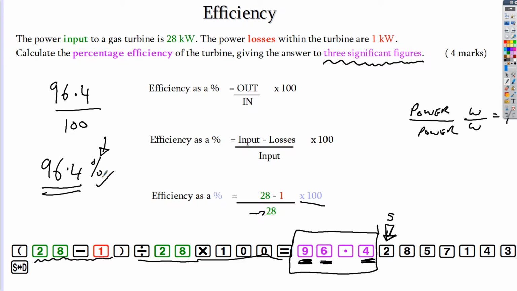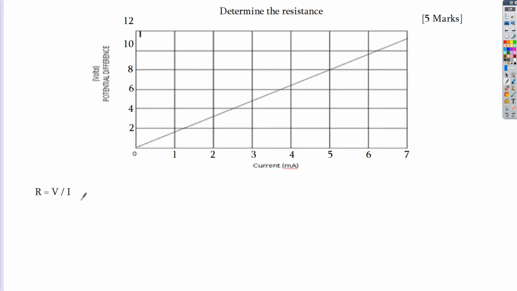Good question. Let's have a look at this one. So we've got a graph given to us. We've got voltage, or potential difference, on the y-axis, and we've got current on the x-axis.